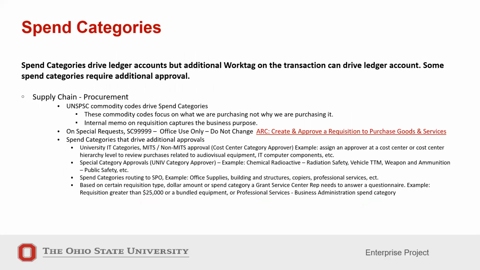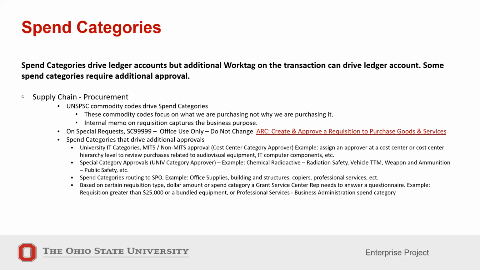I know we've talked about this a lot, but our spend categories were built off of the United Nations Standard Products and Services Code, which we also reference as UNSPSC. What this allows us to do is identify what we're buying, and not why we're buying something.